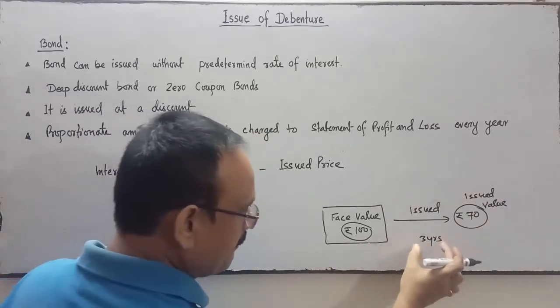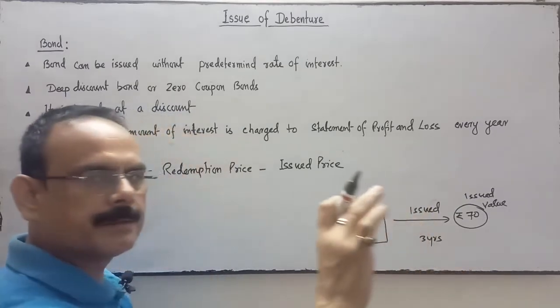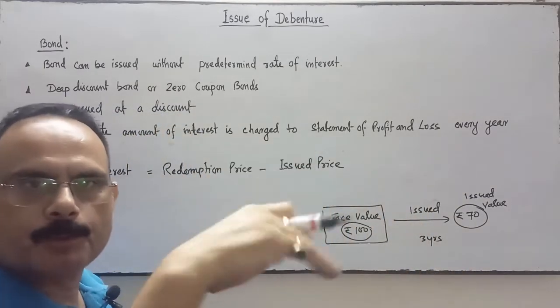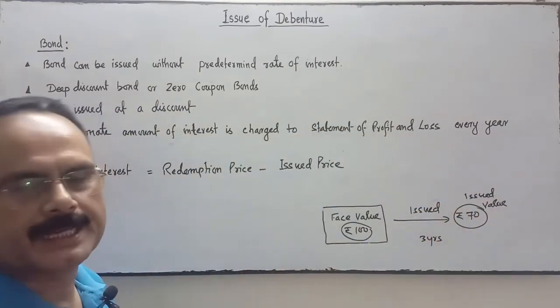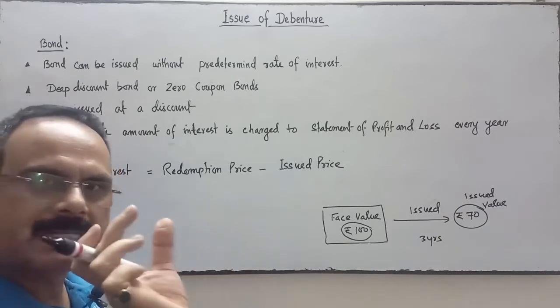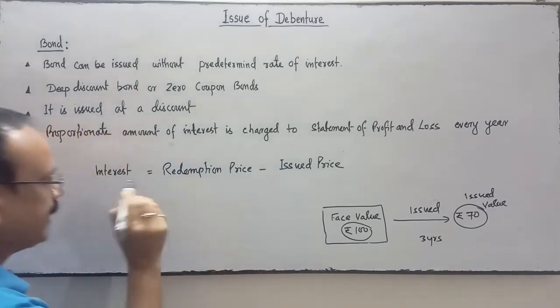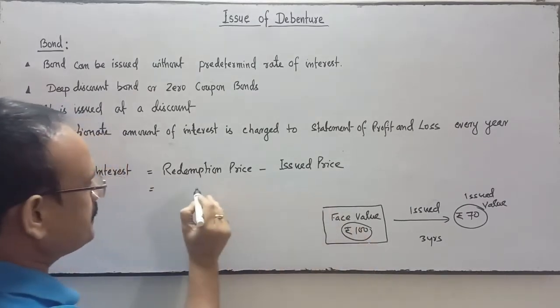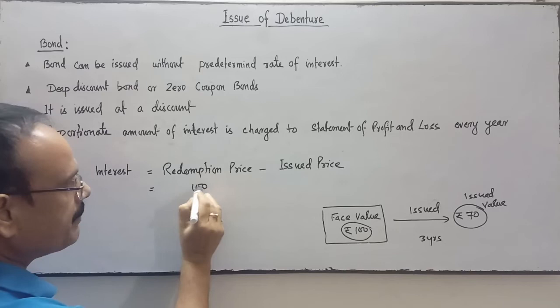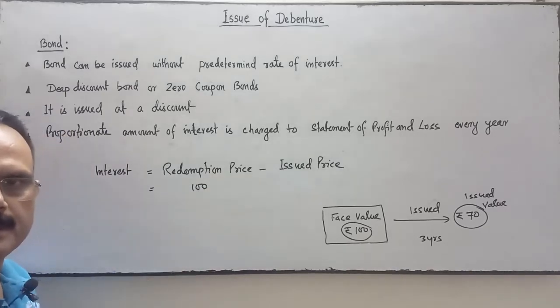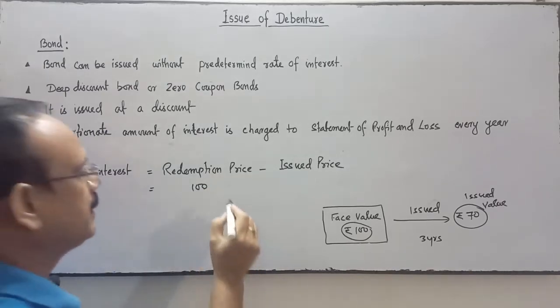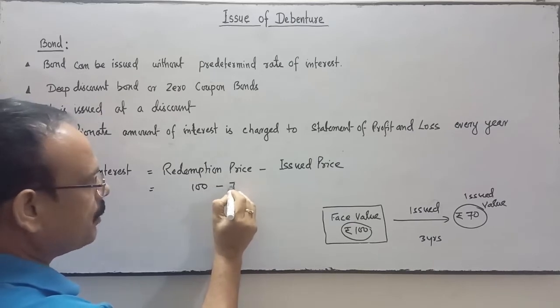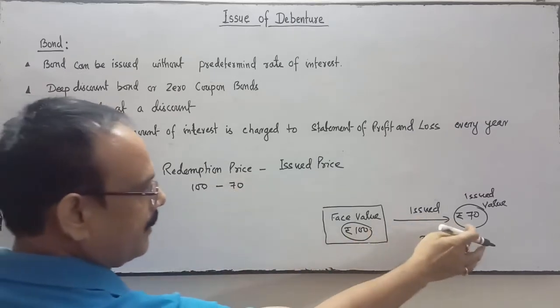The term is that after 3 years this will be redeemed. The amount will be paid to the bond holder after 3 years. The tenure of the bond is 3 years, for instance. So the interest will be: the redemption price, meaning the original price, the bond will be redeemed at 100 rupees, and the issue price of the bond was 70.